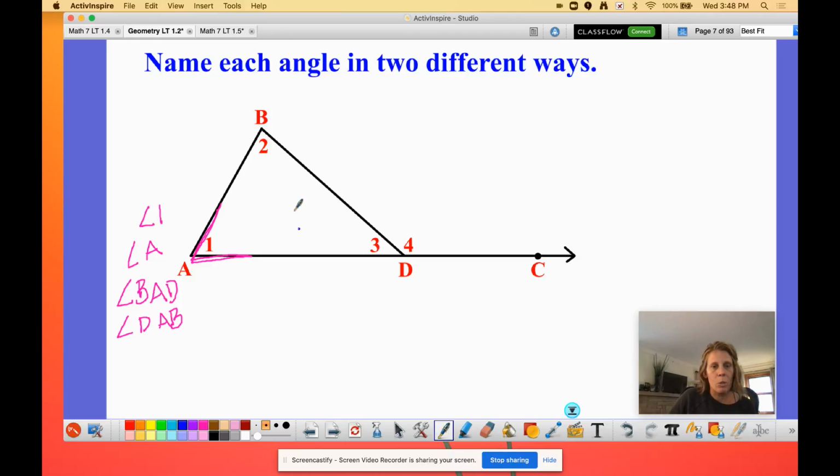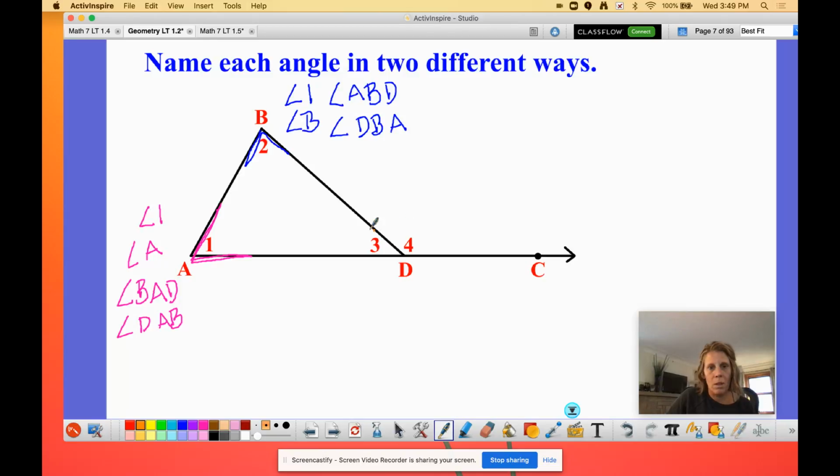I'm going to switch my colors, and now we're going to do this angle. This could be angle 1, angle B, because that vertex is not shared by another angle, angle ABD. Notice I'm using the angle symbol each time. That is proper notation. Angle DBA.